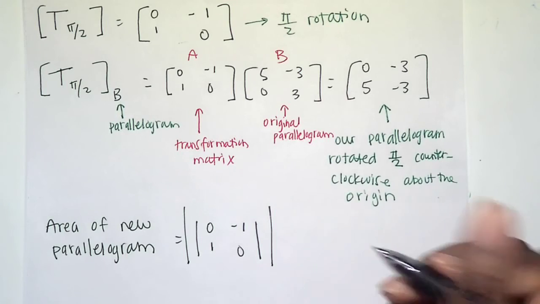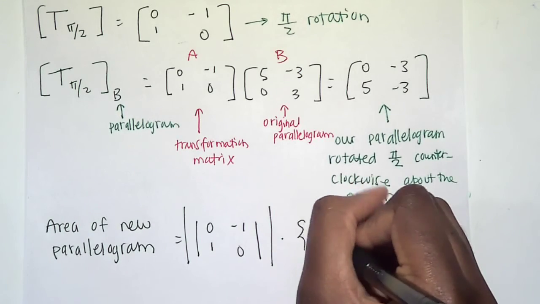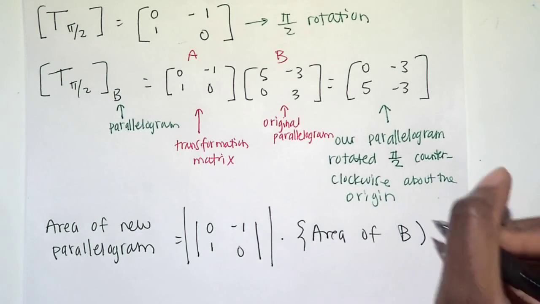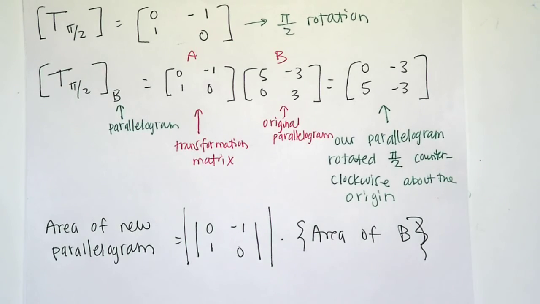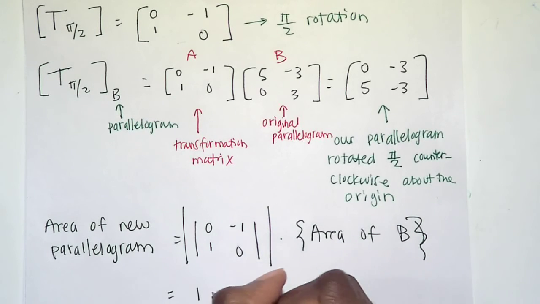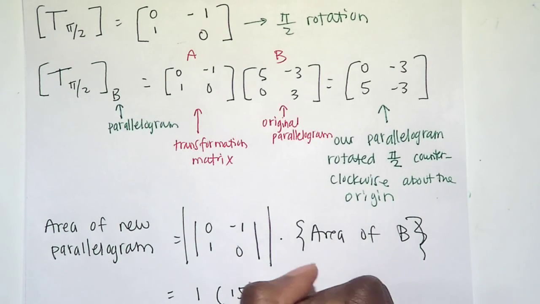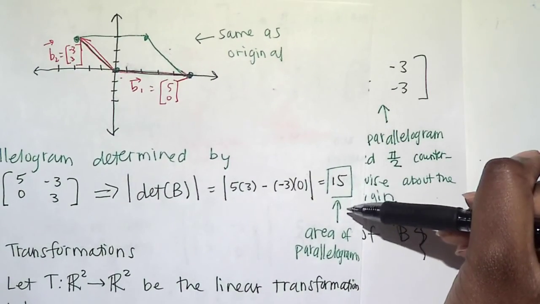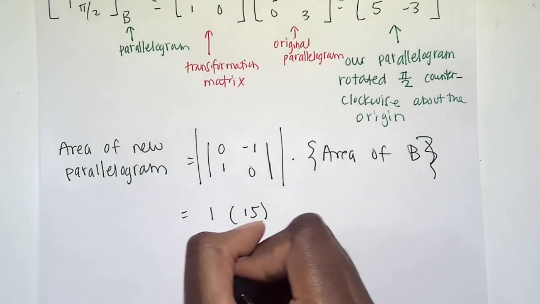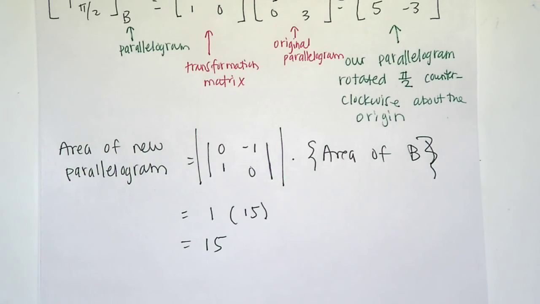Absolute value of the determinant times the area of our original B. All right, so this one is just 1, and the area we found in our previous problem, area of parallelogram is 15. So that means the area of our new parallelogram is 15.